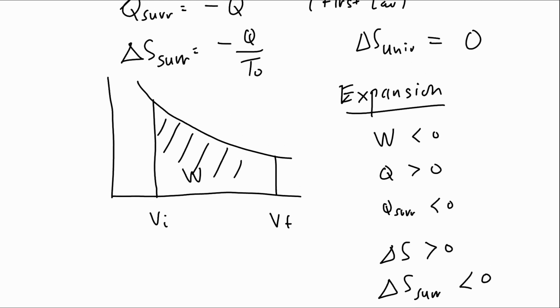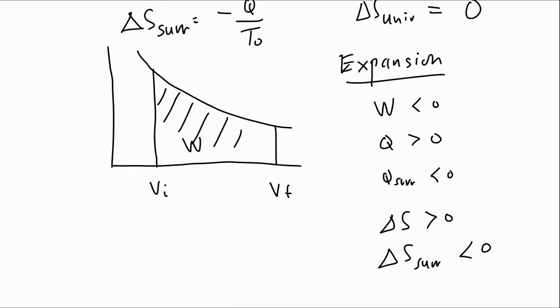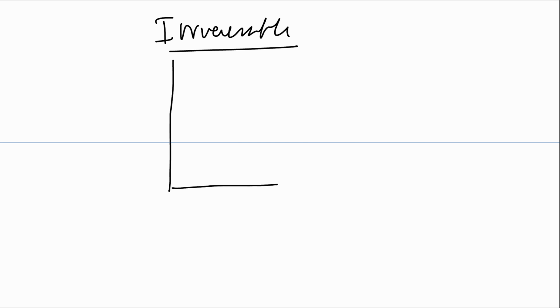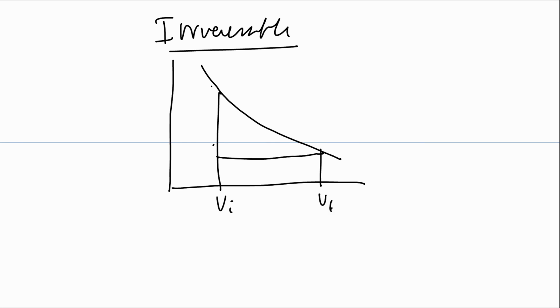Right, and we did this problem. For the irreversible, draw the same picture. But we'll do it with P external like that, and that's my work, right?